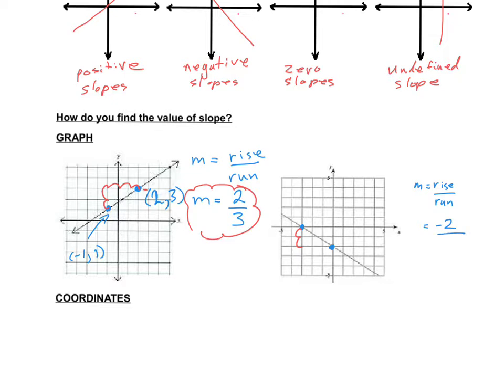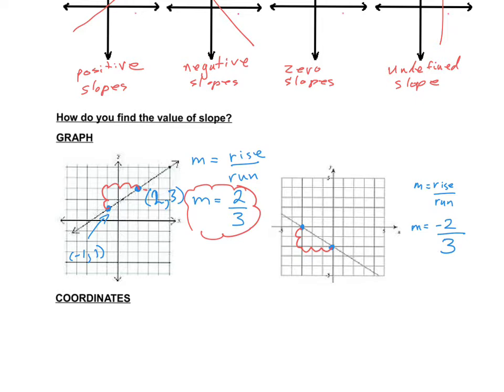My run is to the right, 1, 2, 3, so that's +3. So our slope for this one is -2 over 3. That's how you calculate the value of a slope from a line on a graph.